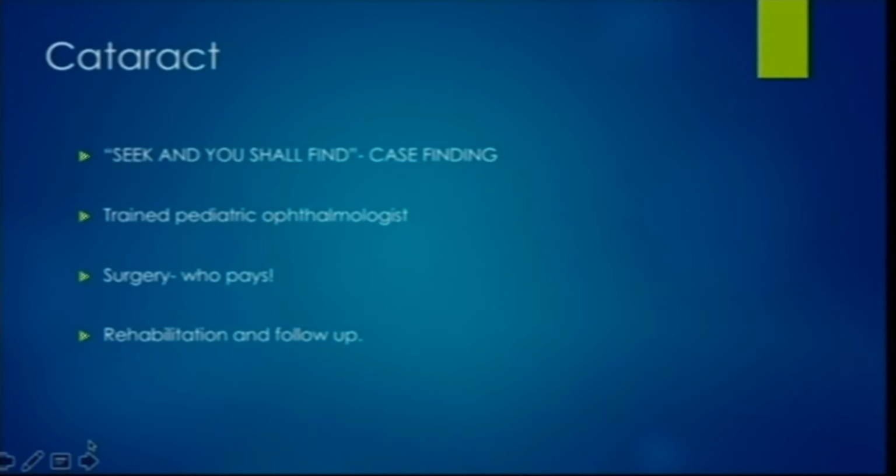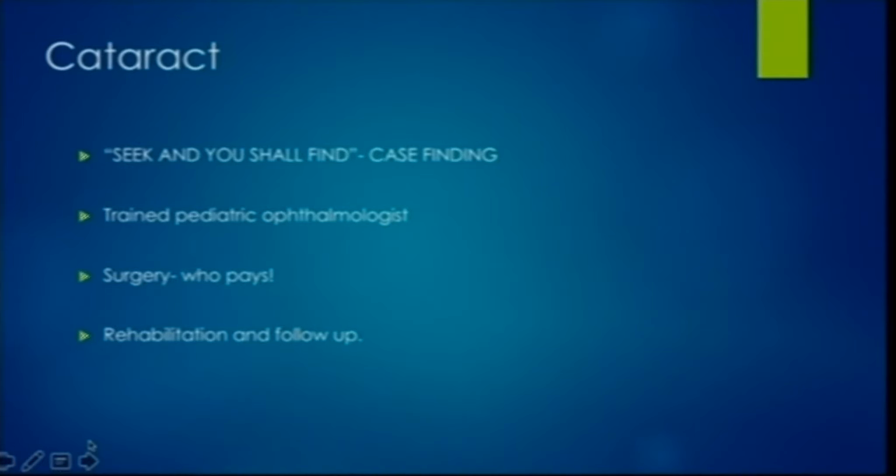Who will find the case? It's a bit difficult. In a preschool age group, a small child with a zonular cataract or a small posterior polar cataract, unless it is a total or membranous cataract, most of the time goes missed. Babies don't complain and parents don't realize. At least in our setup we have seen parents bring them only at around 9 or 10 months of age, even though the child has not been fixing right from 3 months of age, because parents somewhere believe that as the child grows, the child will get better.